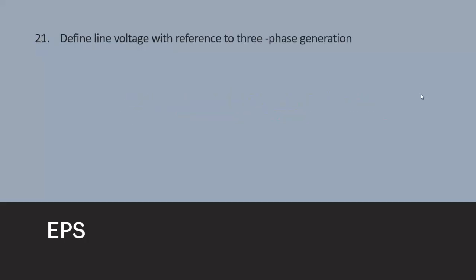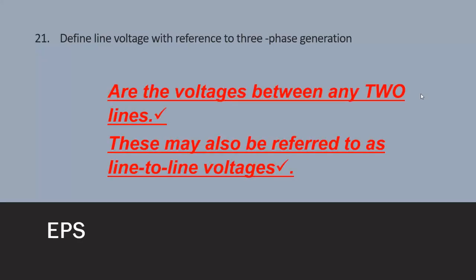Define the line voltage with reference to three-phase generation. Line voltages are the voltages between any two lines. These may also be referred to as line-to-line voltages.